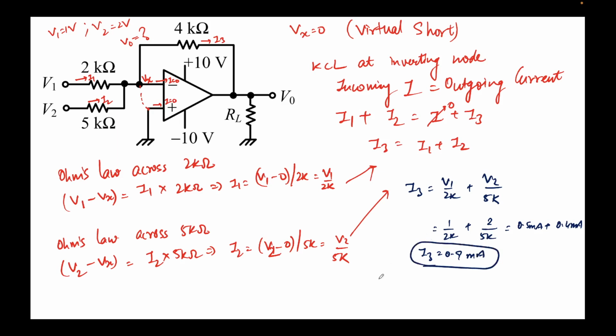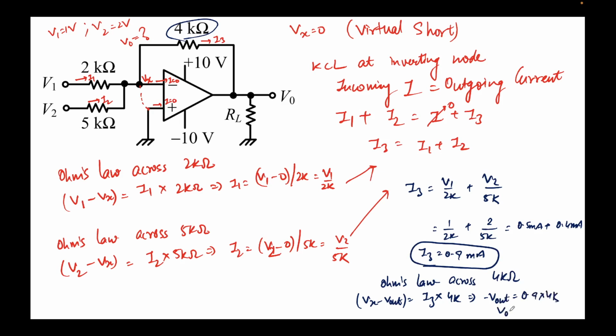So the value of I3 that I get is 0.9 milliamps. Now let's apply Ohm's law across the feedback resistor, the 4k resistor. So again I can write the voltage drop is Vx minus Vout, equal to the current flowing through the resistor, that's I3, times the value of the resistor, that is 4k. So this gives me, Vx is 0, so I get minus Vout equal to the value of I3, 0.9, into 4k.